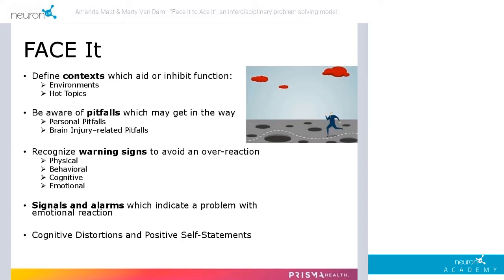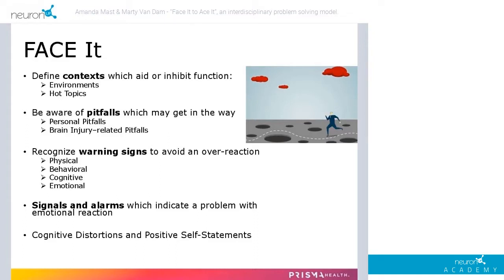The FACEIT materials also help a patient to recognize warning signs. If they can recognize things about their body, physical warning signs or behavioral warning signs, cognitive or emotional warning signs, then they would be able to avoid an overreaction.